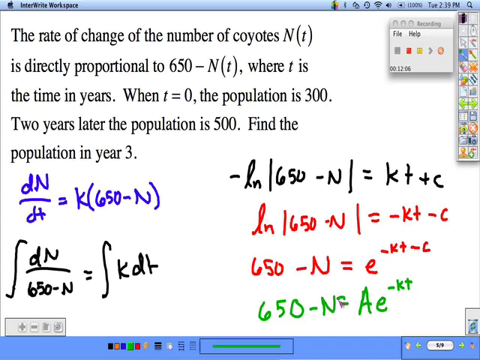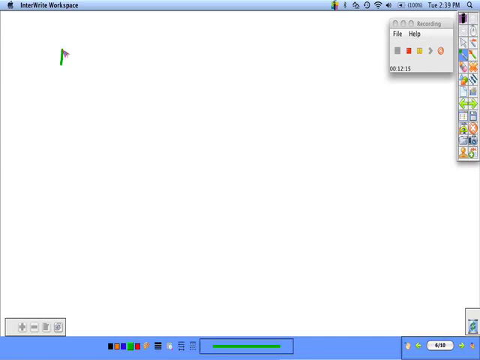And we can subtract 650 and divide by negative 1, giving us the population equation N equals negative A e to the negative kt plus 650. And now we can use those initial conditions that were given to us to find A and to find k.